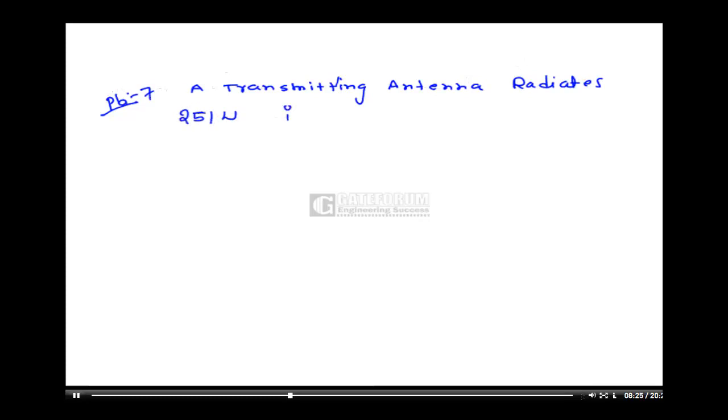Next problem is problem number 7. A transmitting antenna radiates 251 watts isotropically.